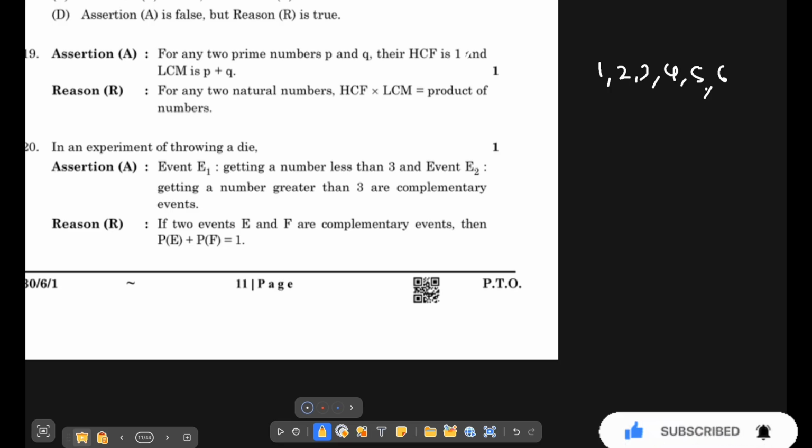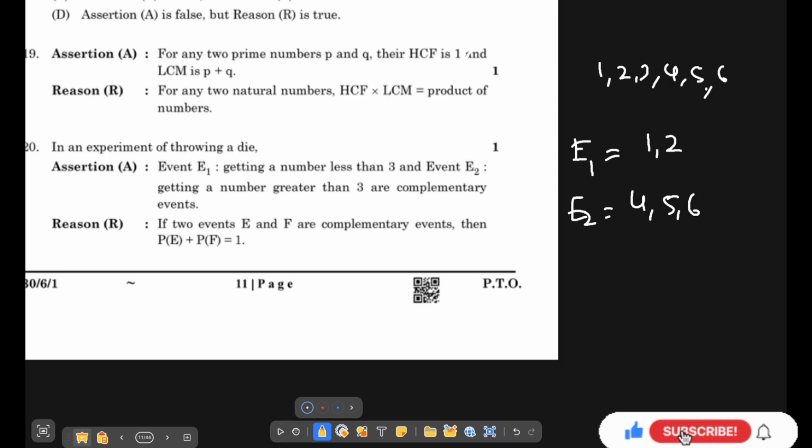Event E1, getting a number less than 3, is 1, 2. Event E2, getting a number greater than 3, is 4, 5, 6.